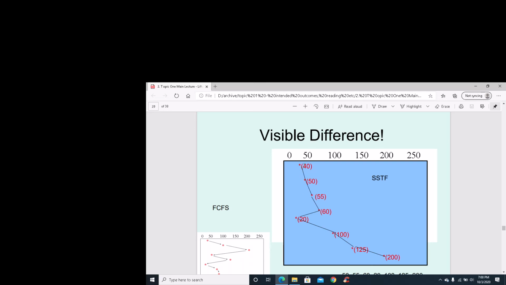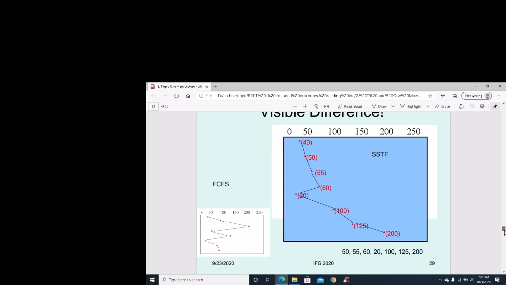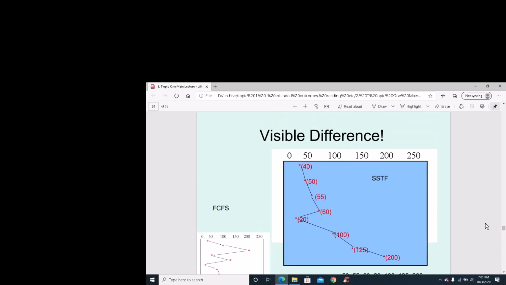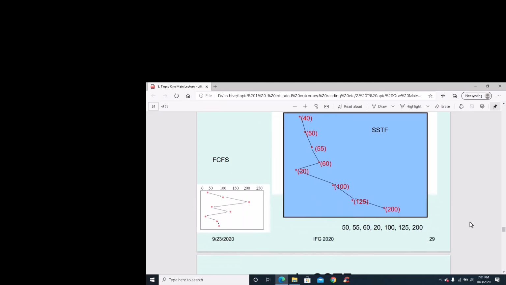Right? 40 then 50, difference of 10. 40 to 20 would have involved crossing 20 tracks. Okay, so just check that. Make sure you get what I've got in this diagram. So that's the new list of requests that have come in and have been reordered according to the shortest seek time first scheduling.